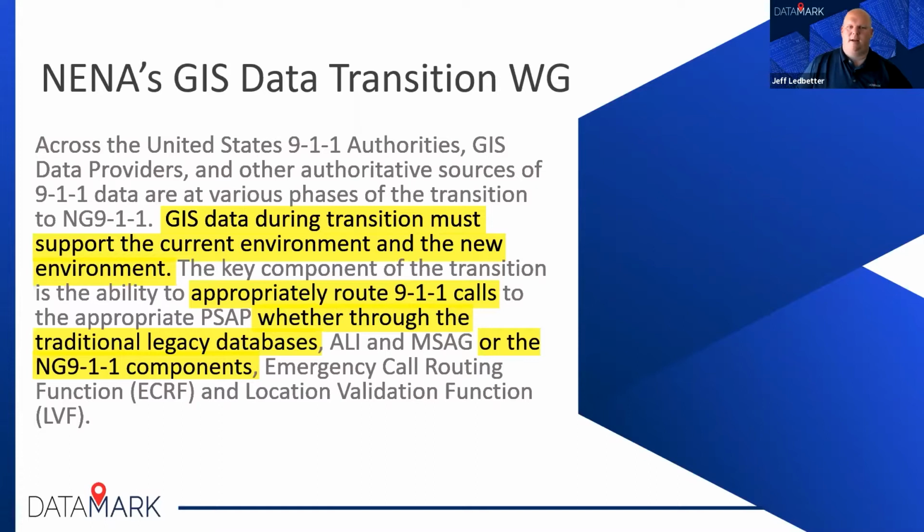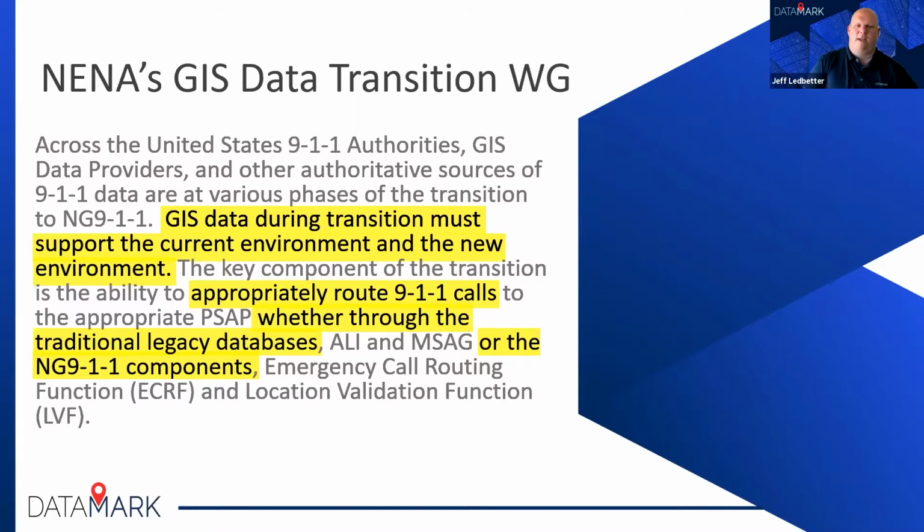The MSAG is roughly equivalent, not on a one-to-one basis, but roughly equivalent to road centerlines in a GIS data set. It shows the road name, the address range, and the ESN, or emergency service number, that routes the 911 call to the right PSAP or ECC.